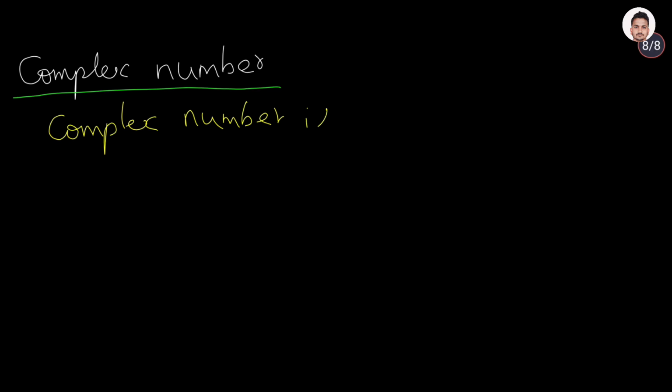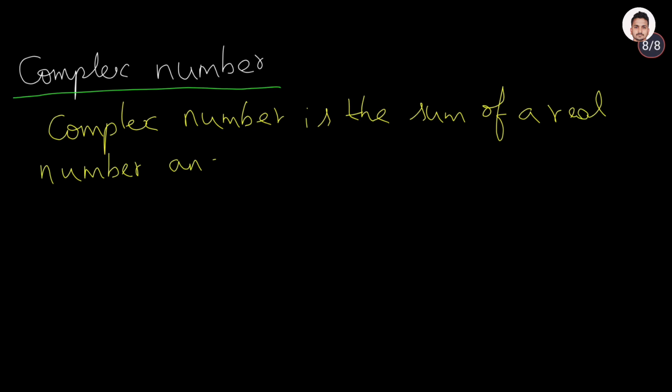A complex number is the sum of a real number and an imaginary number.